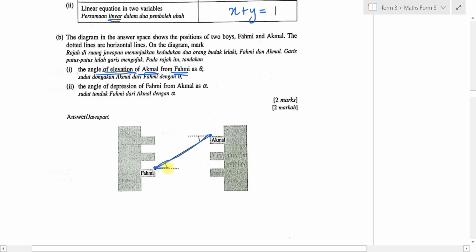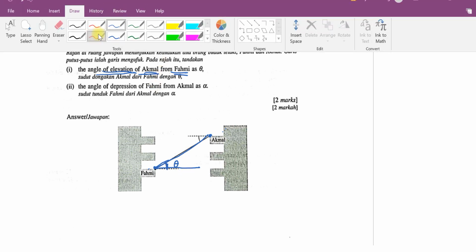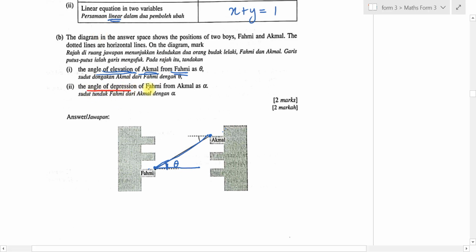And then this is the angle of elevation from Fahmi. From Fahmi we draw a horizontal line like this. This is the angle of elevation. You name it as theta. Fahmi is looking from here at Akmal. Elevation, looking up, from Fahmi. And then the next one, angle of depression from Akmal.